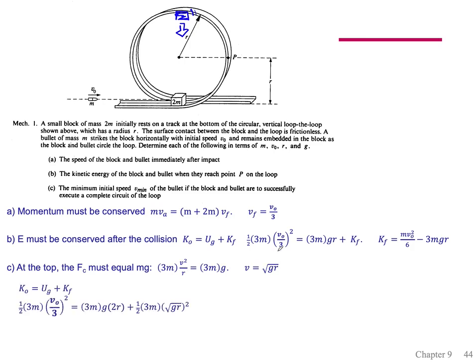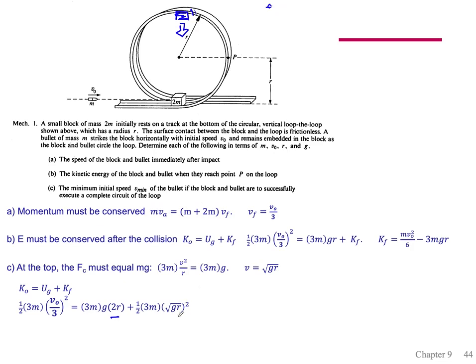Now, using just the work-energy idea, the initial energy at the bottom is 1/2 mv squared. Remember, this is the initial velocity of the block-bullet system, and it equals the GP it has at the top. Notice that the height is 2r because it's now 2r up above here.